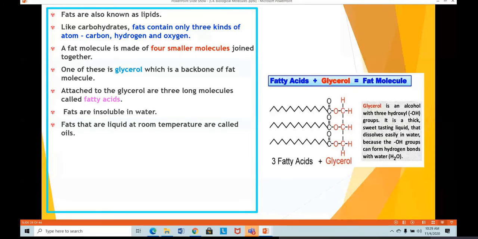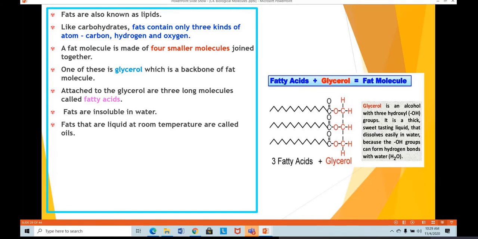And what are the elements with which fats are made up of? What are the elements, girls? Carbon, hydrogen, and oxygen. Thank you so much. Carbon, hydrogen, and oxygen are the elements with which fats are made up of.